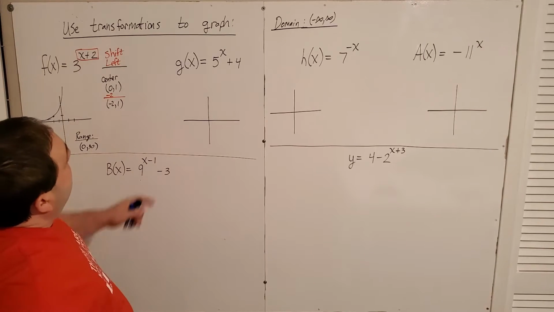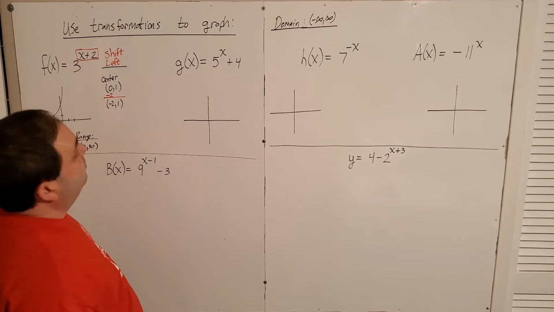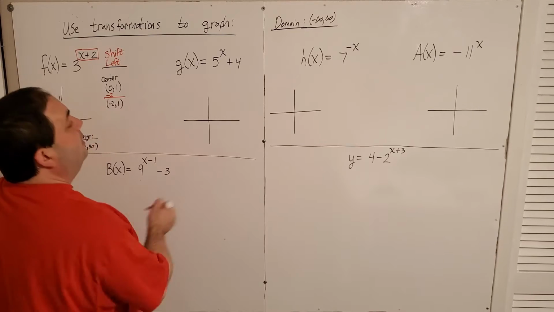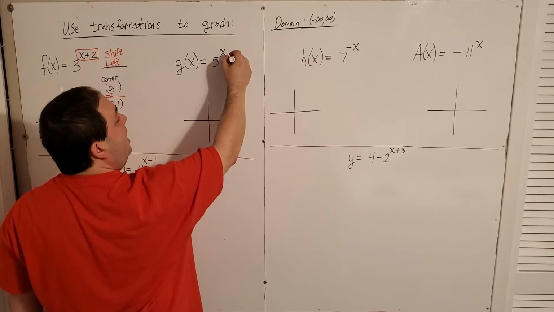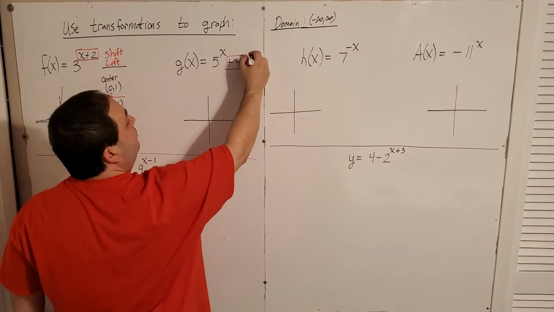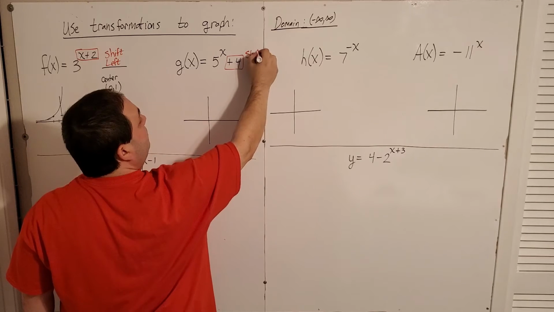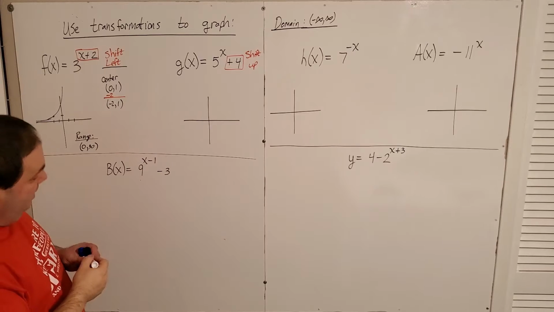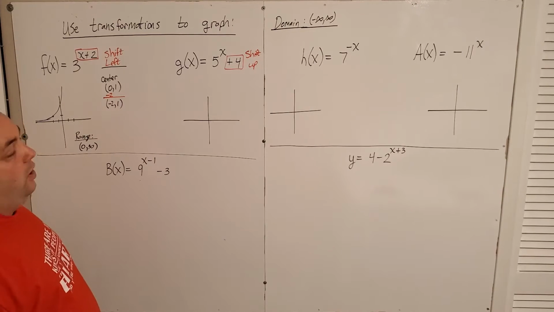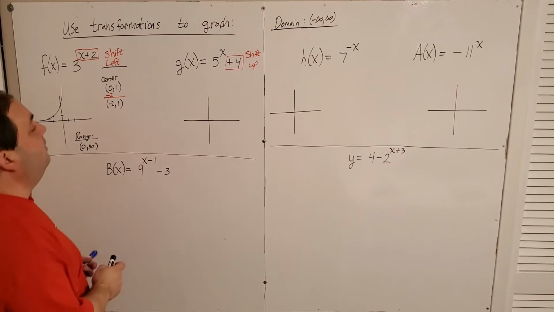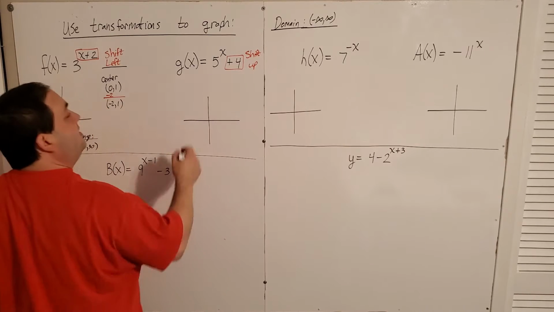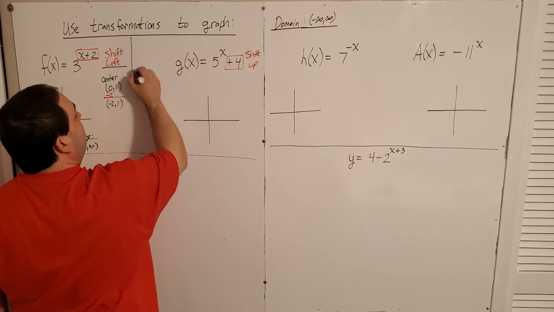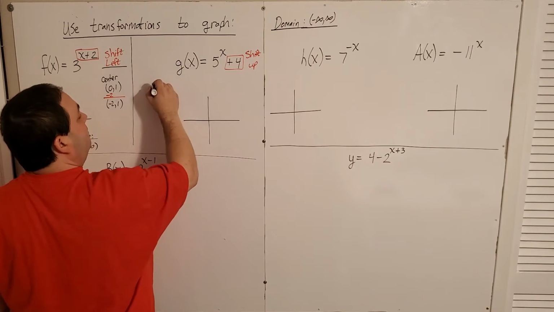Okay, next. 5 to the x plus 4. The plus 4 here is outside. So remember, that means to shift up. Since it's on the outside, it's a vertical effect, and plus means to shift upward. Okay, so my center point in that case, right?